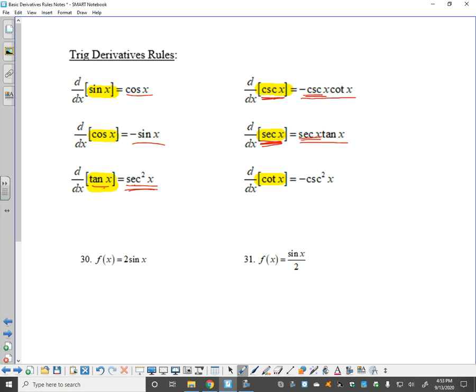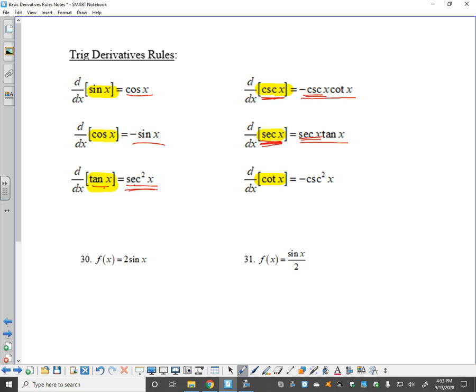They have put themselves in their derivative, and then they're multiplied by their Pythagorean buddy. So cosecant is negative cosecant cotangent. Secant is secant tangent.